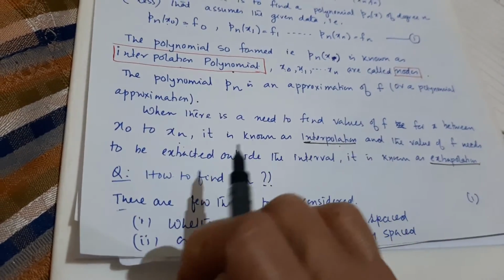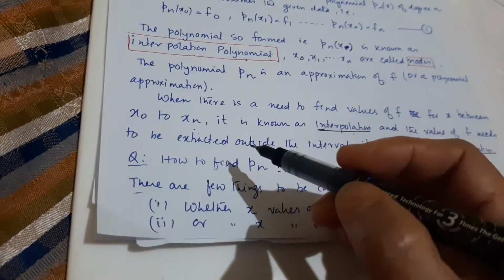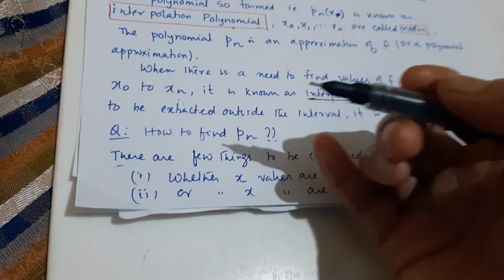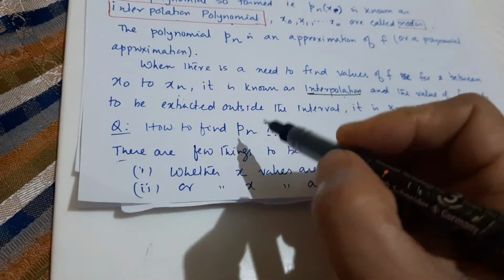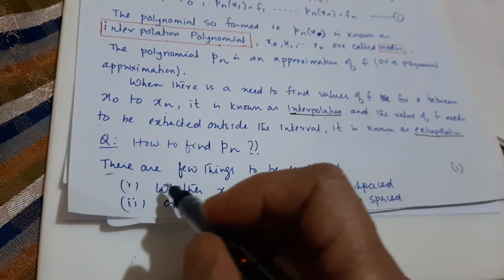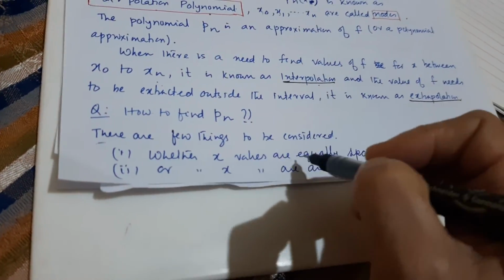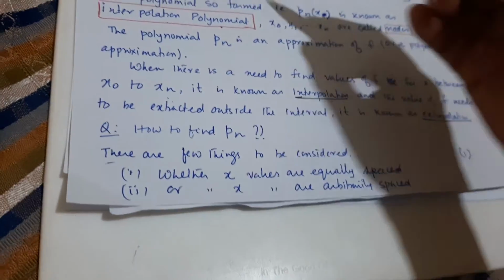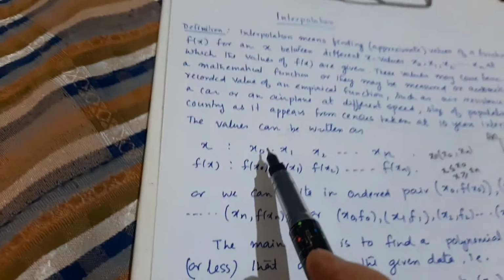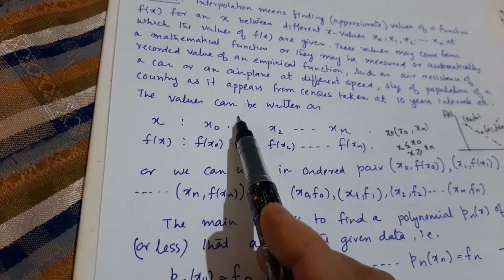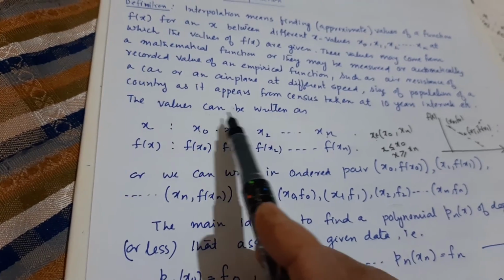Now how can we find Pn? Pn can be found depending upon how we are going to fit the data. It may be a linear function, a quadratic function, or an nth degree polynomial. For this, a few things need to be considered. One is whether the x values are equally spaced or arbitrarily spaced. As I discussed with the census data, 10 years data will be equally spaced, like 1960, 1970, 1980, at an interval of 10 years.